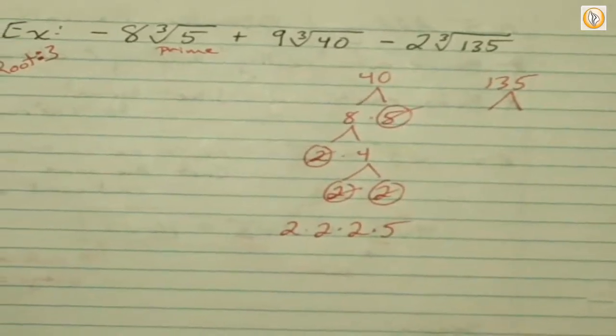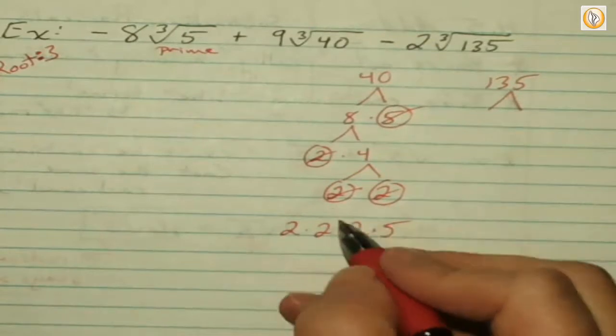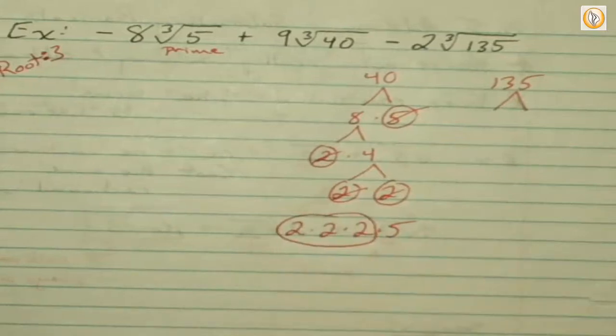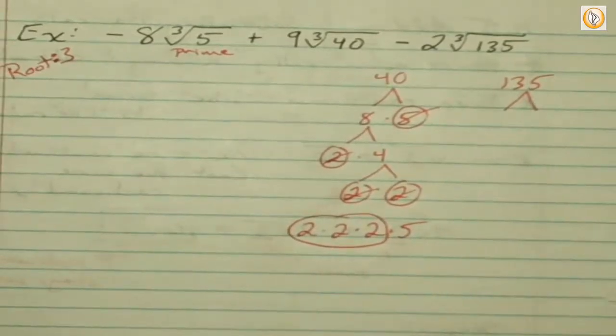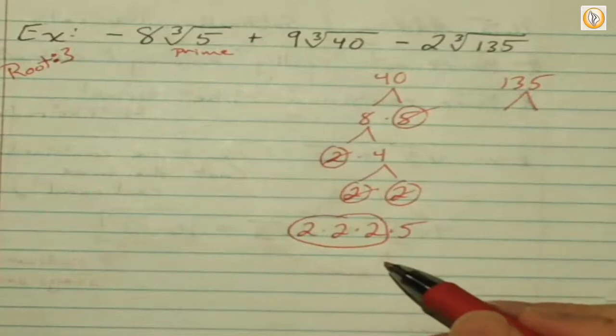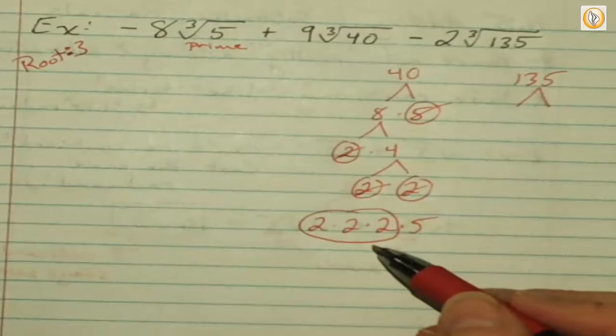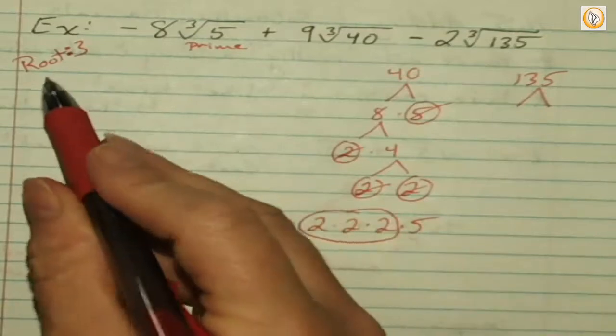What do I circle? Franz? All three 2's, right? Why am I circling 3 and not 2? Because it's cubed. That's right, because the root is 3.